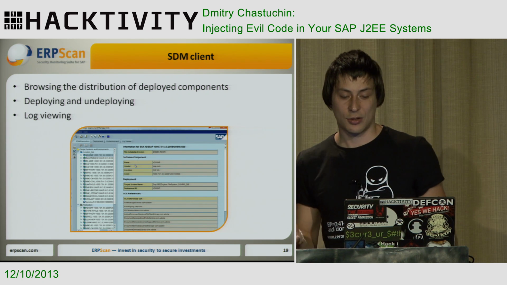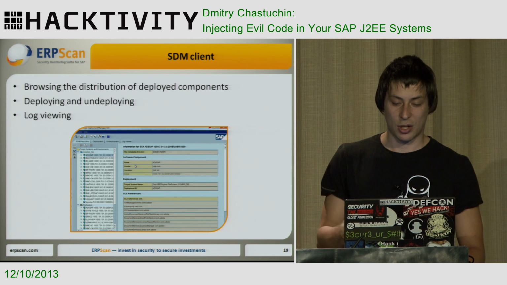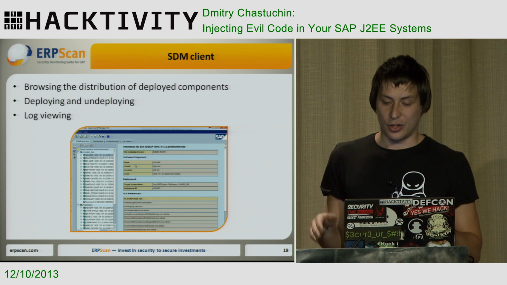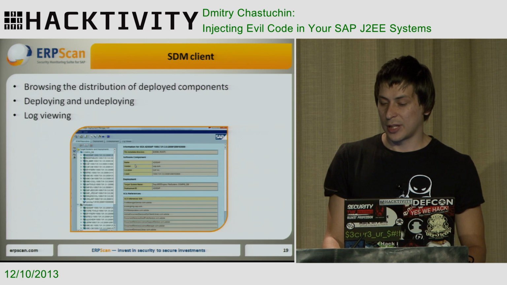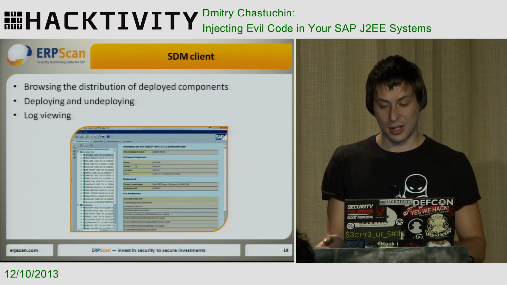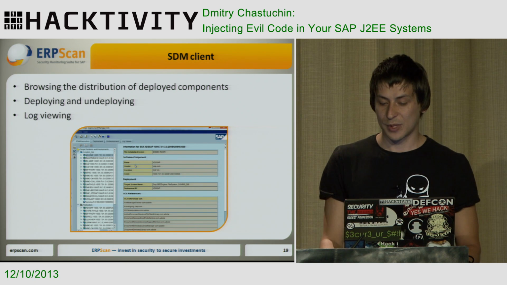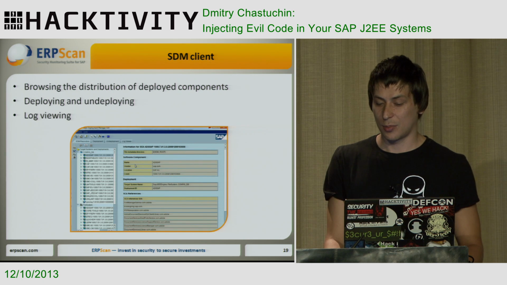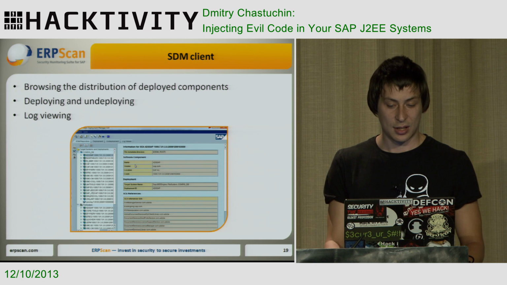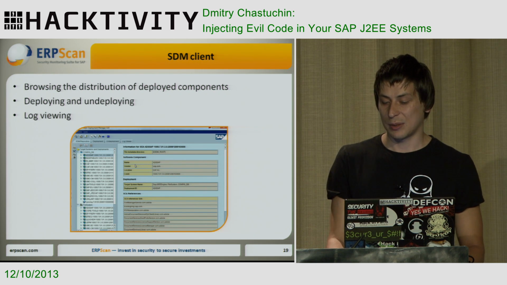So it allows you to browse all deployed applications by target system, check configuration, check logs, etc. And regarding the deploy and undeploy tabs, this obviously allows you to deploy new applications and delete old ones. It takes you through the individual steps from the selection of the application to actually deploying the software in the target directory. And the last option is the log viewer. It allows you to see several logs.